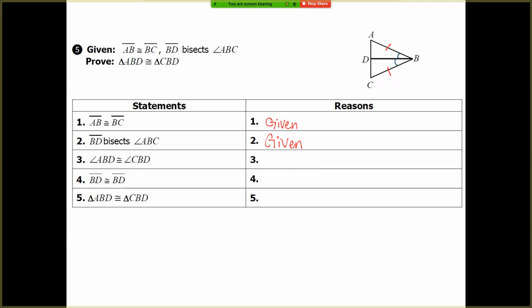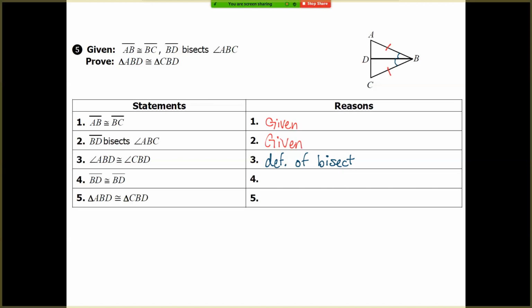equal angles. So line 3 tells us that ABD is congruent to CBD because of the definition of bisect. Sorry, we bisect angles, midpoints deal with lines and cutting them in half.